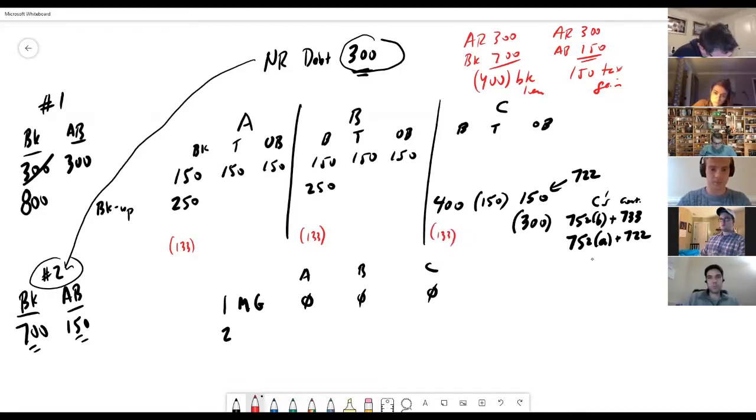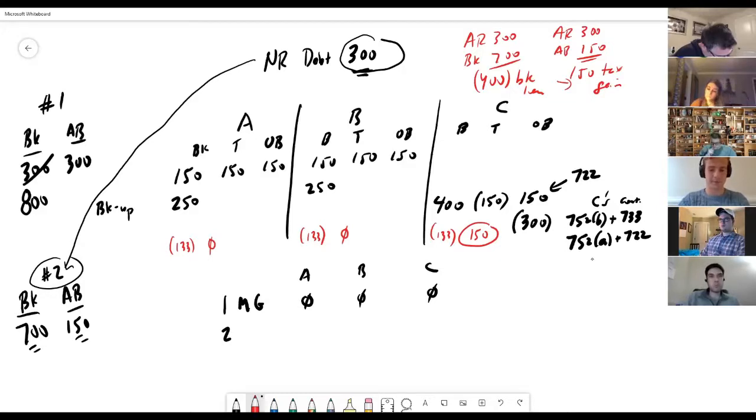Then we give A and B, the non-contributing partners with respect to property number 2, tax loss equal to book loss, but the ceiling rule comes into effect and says we don't have any loss to give them, so we can't give them anything. Step 4, whatever's left goes to the contributing partner, which would be 150, would be C. So C would get 150 of tax gain.